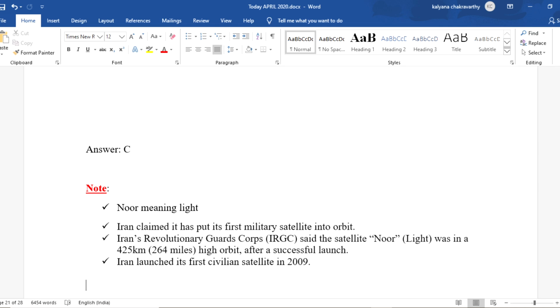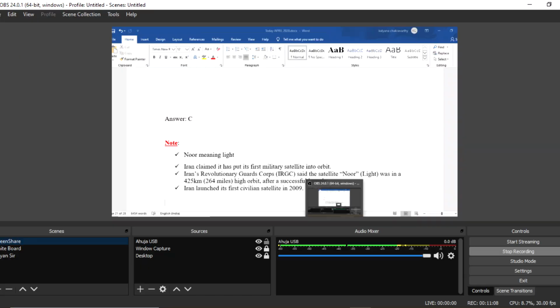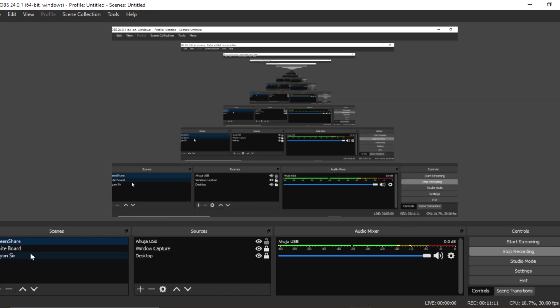So in the examination, they may ask you, Noor is the military satellite of which country? The answer is Iran. As we all know, lots of tensions are going on between Iran and the US, even before this COVID. And obviously, such actions from Iran will definitely ache the United States of America.